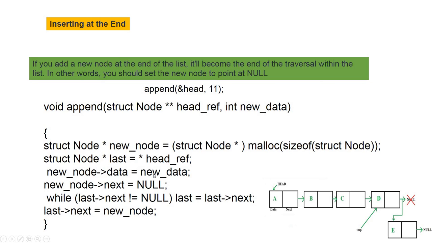By executing all these lines, new node data is equal to new data, new node next is equal to null, and this line will search for the last node. You point last dot next to the new node, and after that the new node is inserted at the end.